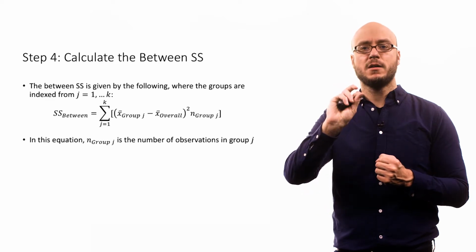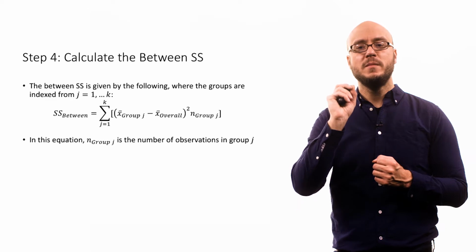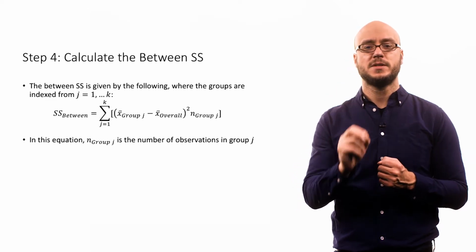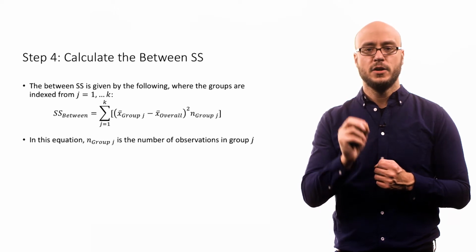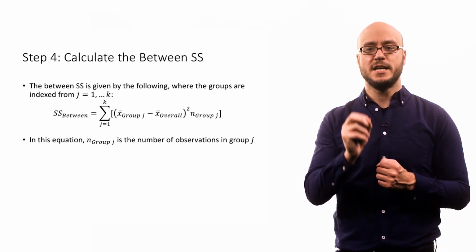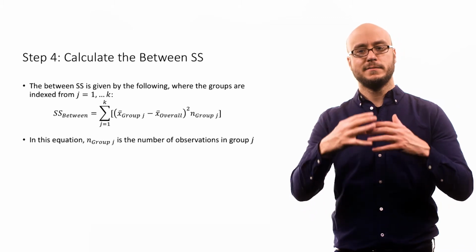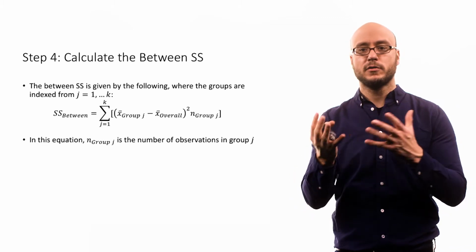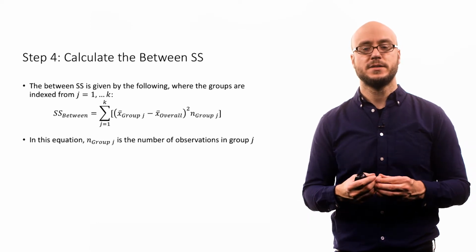Then we square that value, so it's positive, and then we multiply by the sample size of that particular group j. The reason we multiply by the sample size for that group is so that we take into account the fact that different groups have different numbers of observations in many instances.